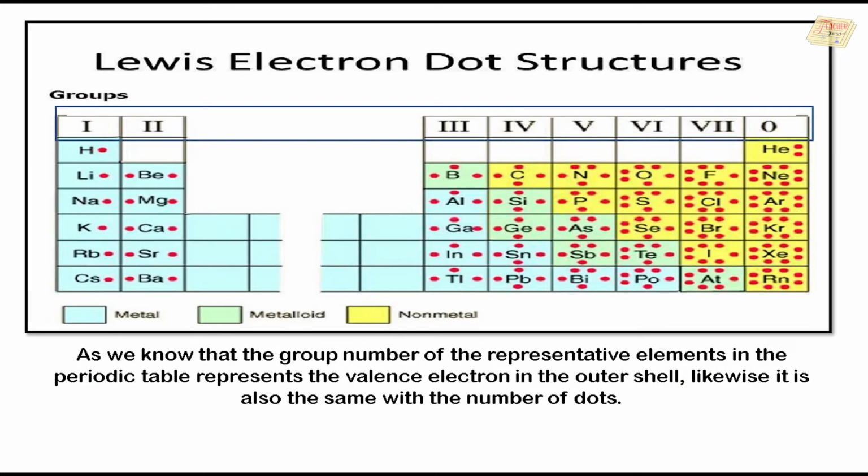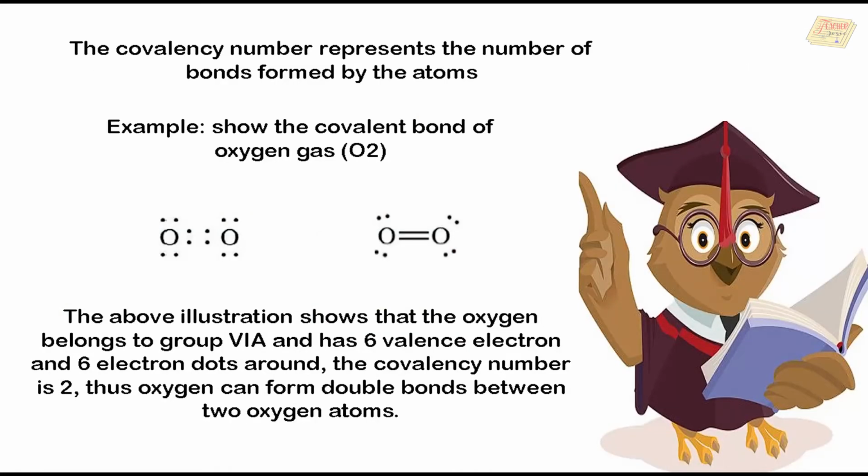As we know, the group number of the representative elements in the periodic table represents the valence electrons in the outer shell. Likewise, it is also the same with the number of dots. The covalency number represents the number of bonds formed by the atoms.